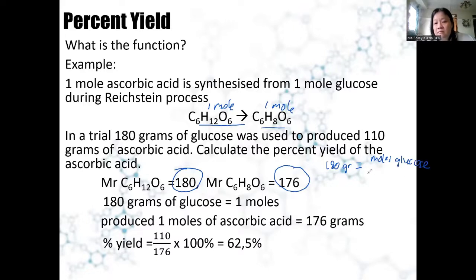We can calculate it by gram divided by MR, 180. So this is 1 mole. And then after we got 1 mole, we can do it like this: the coefficient per coefficient times 1 mole. So it's actually 1 mole of ascorbic acid.